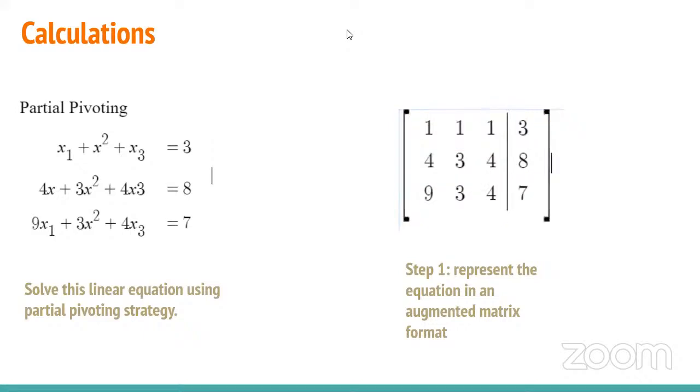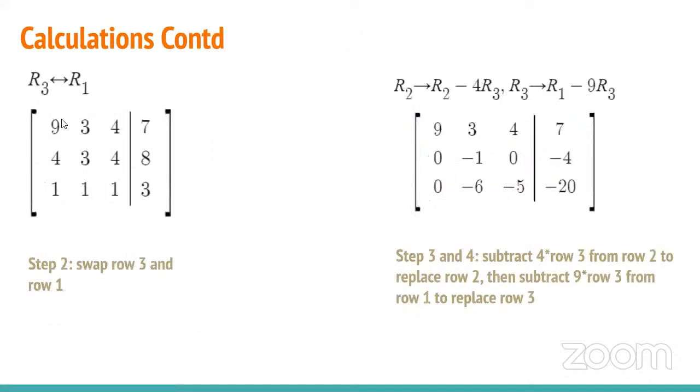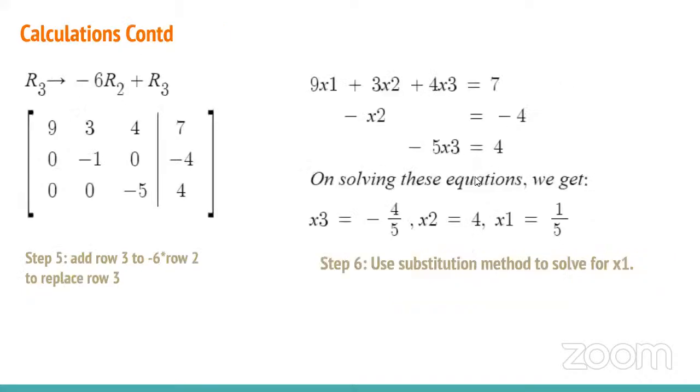So we get our step 2, step 3 and step 4, the same thing. We're just manipulating the row operations to get our desired goal of making every number below the diagonal line 0. Then in step 5, we have 0 below the diagonal line and other numbers elsewhere.